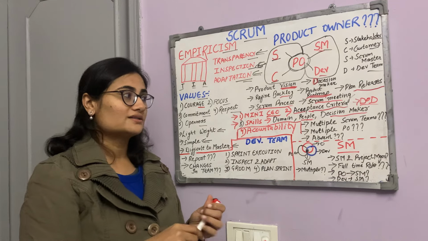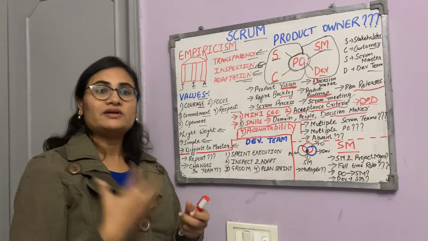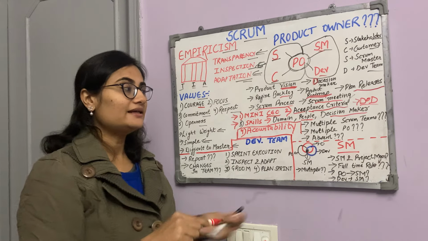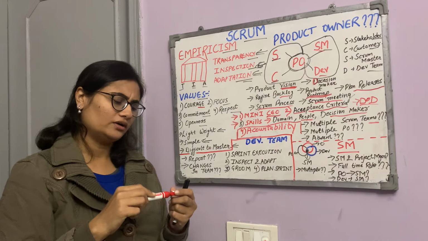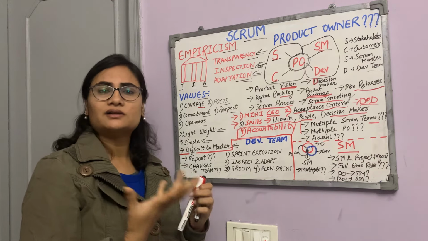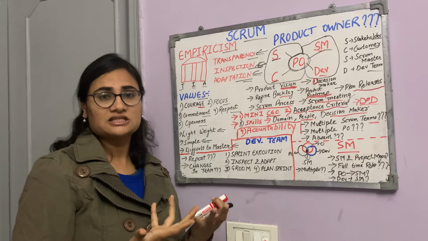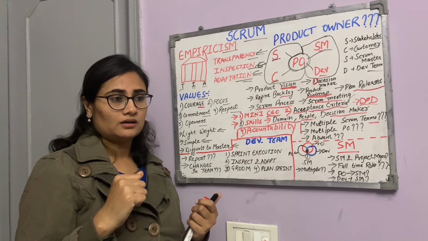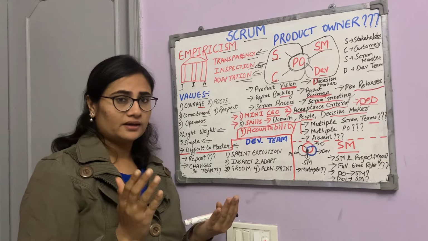Now, some of the confusions which we have regarding the product owner is, firstly, can one product owner handle multiple Scrum teams? The general answer would be no, it is not recommended.